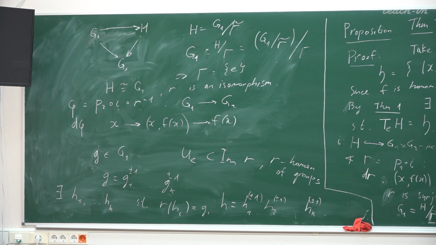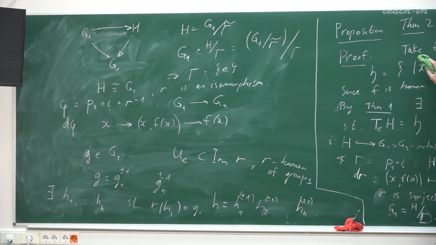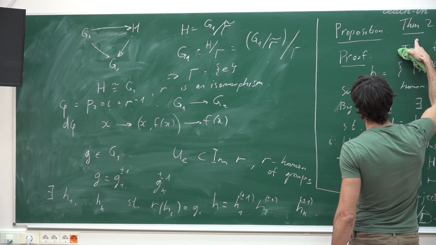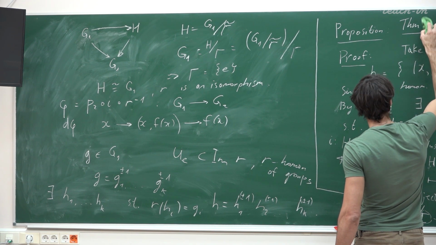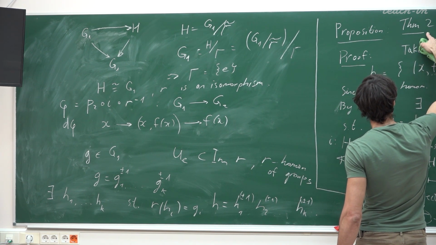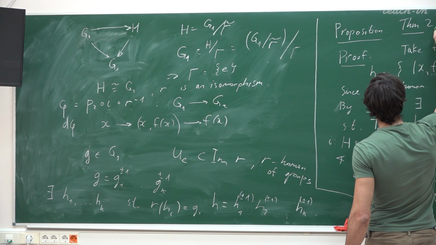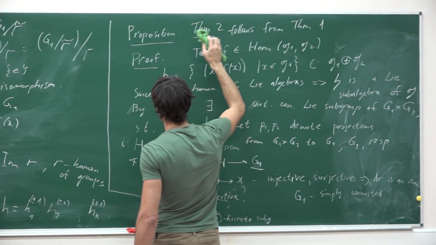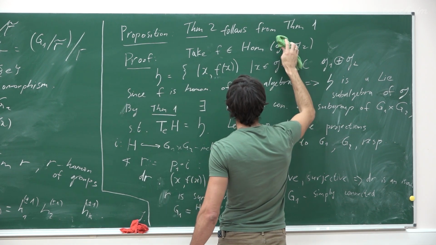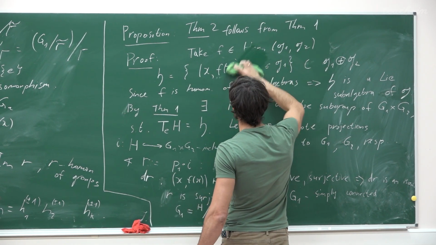All right, so let's move on then. The next stage would be to prove theorem 3 from theorem 1 and some other theorem which is called Ado's theorem.